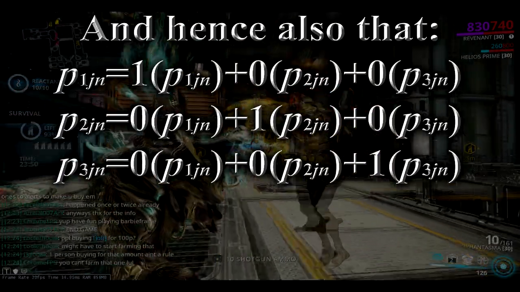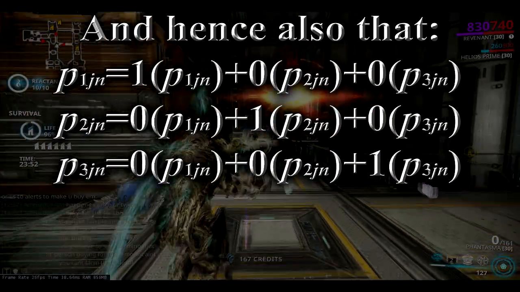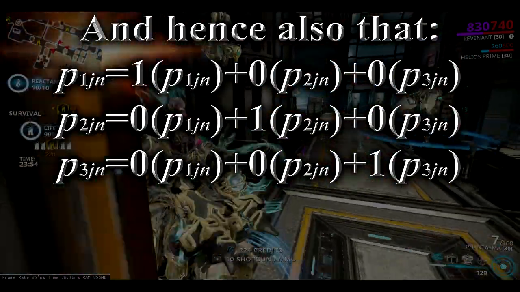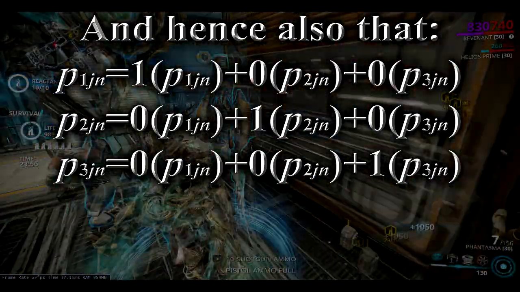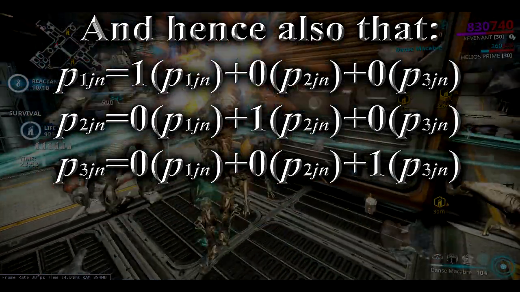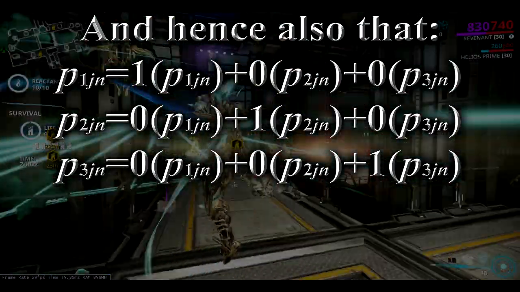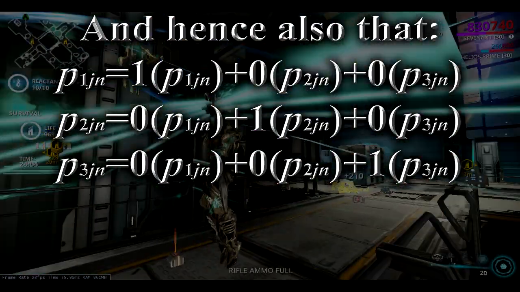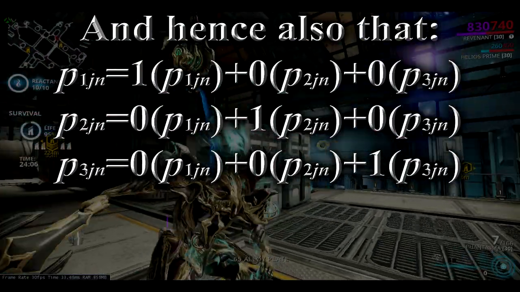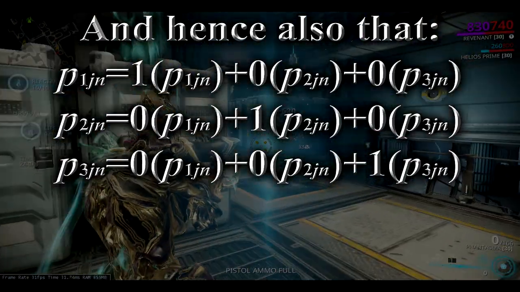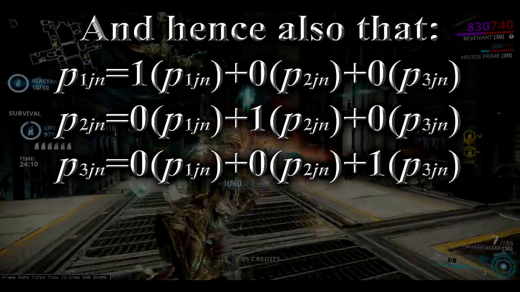Likewise, let's insert the others in for p2jn and p3jn. And as you can see, there's starting to form a pattern. We have all the pijn's being a constant, that's either 1 or 0, times p1jn, another constant times p2jn, and another constant times p3jn. Now, here comes the fun part, if I should say.